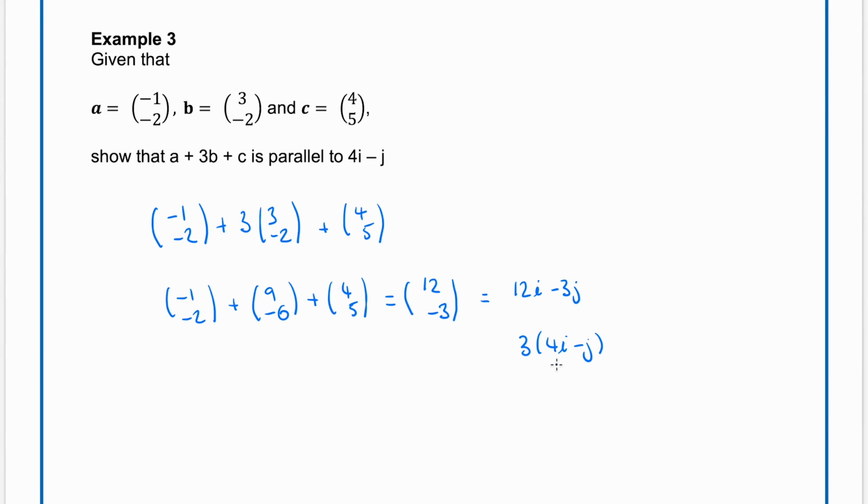So what we have here is a scalar multiple. So 12 and minus 3 is a scalar multiple of 4 and minus 1.